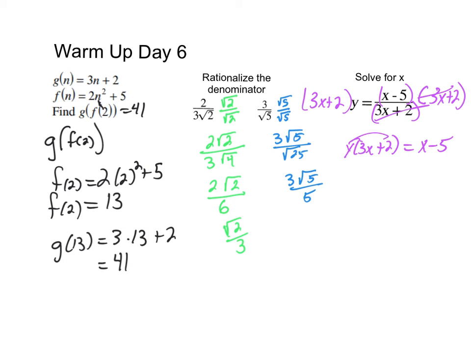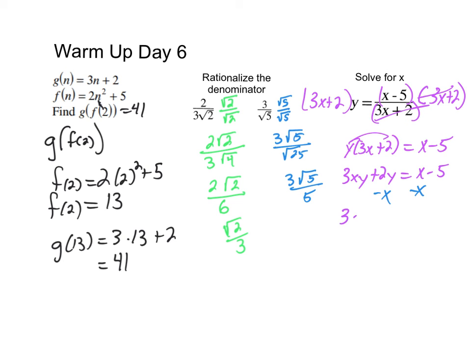So I'm going to multiply through by y, so that's going to be 3xy plus 2y equaling x minus 5. So I've got these terms now, and 2 of them have x in them. So let's get those 2 terms onto the left side and the other 2 terms onto the right side. So I'm going to subtract an x from both sides.